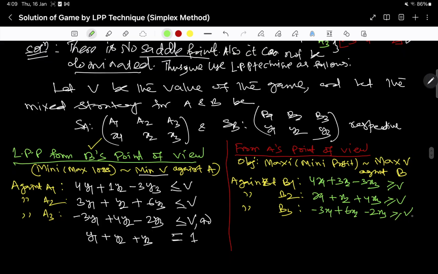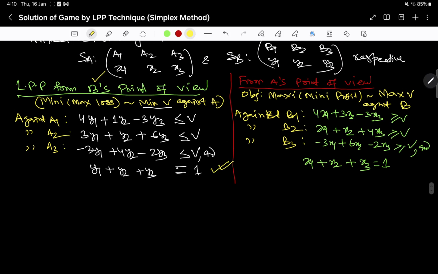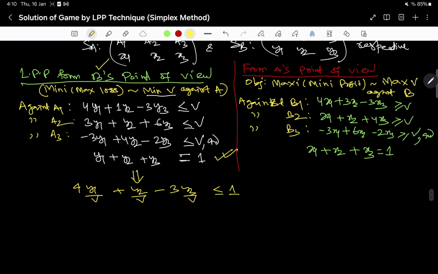Now what is the sum of the probabilities here? x1 plus x2 plus x3 is equal to 1. Now we divide by V throughout. So we get 4y1 by V plus y2 by V minus 3y3 by V less than or equal to 1.